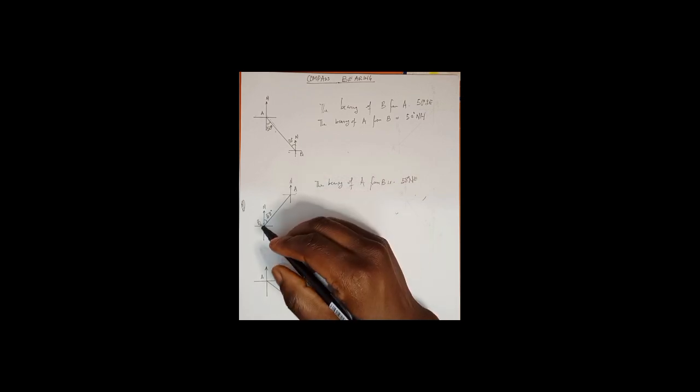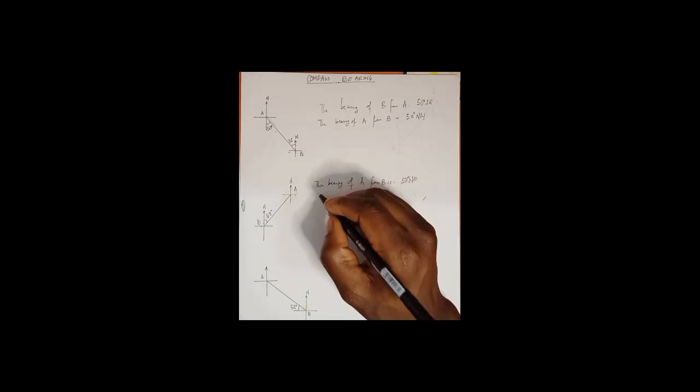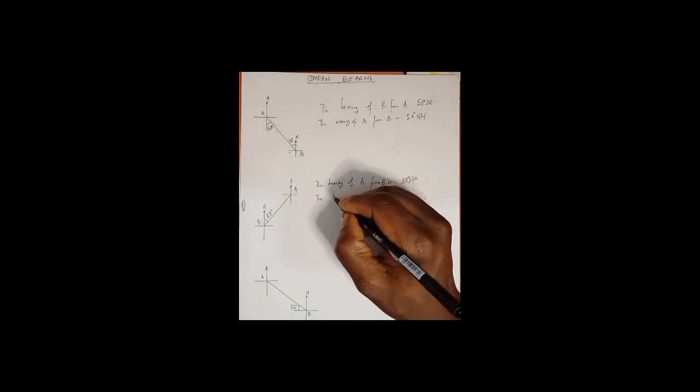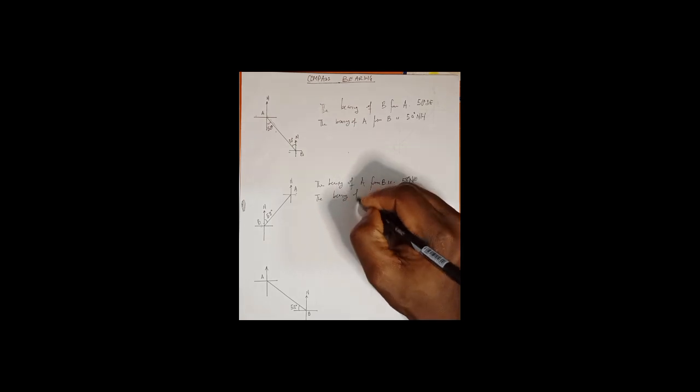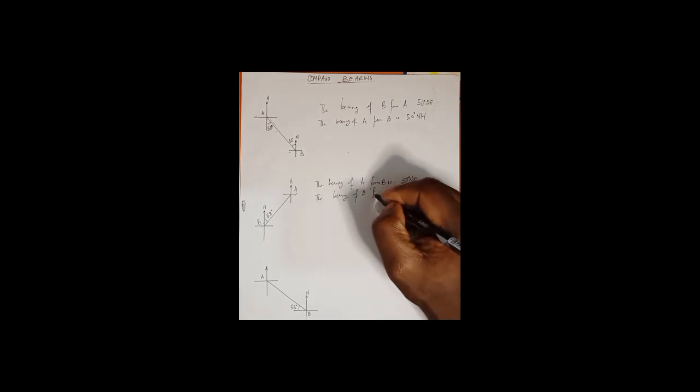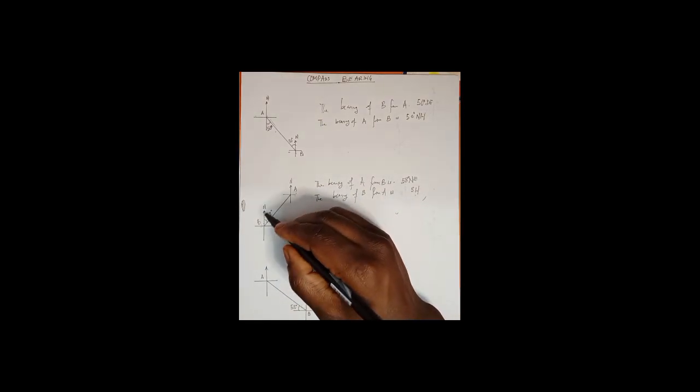However, the direction of B from A is southwest. So the bearing of B from A is southwest. Now, to how many degrees? Like we said earlier, this is 58.